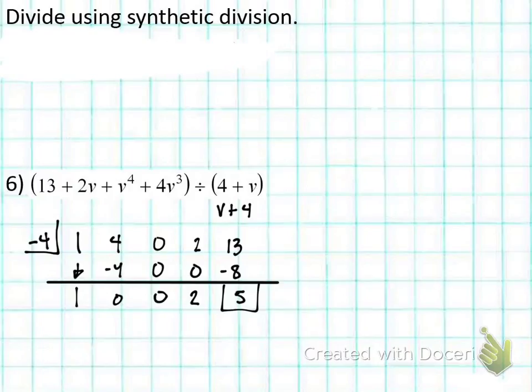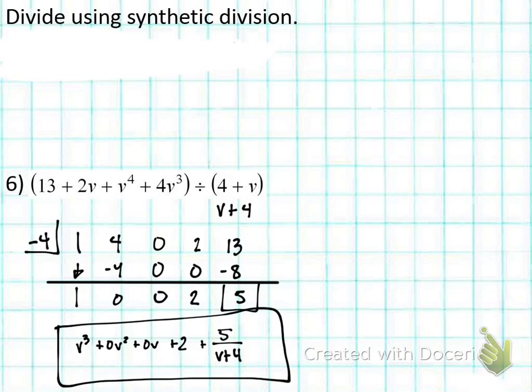Okay? So v to the 4th was the largest, so I'm going to do v to the 3rd. 1v to the 3rd, which is v to the 3rd, plus 0v squared, plus 0v, plus 2, plus remainder of 5 over my divisor of v plus 4. Okay, that's a valid answer.